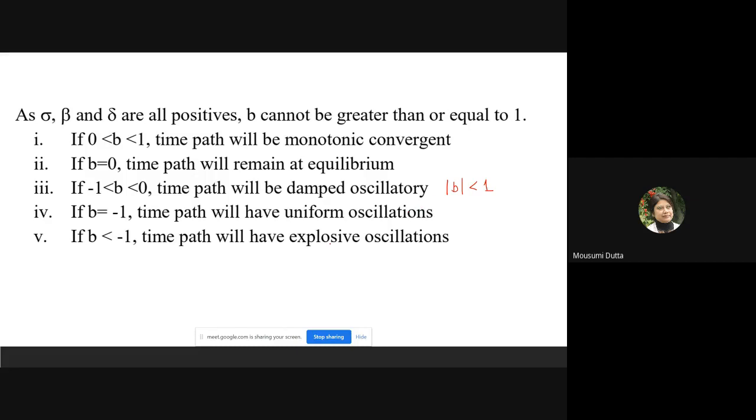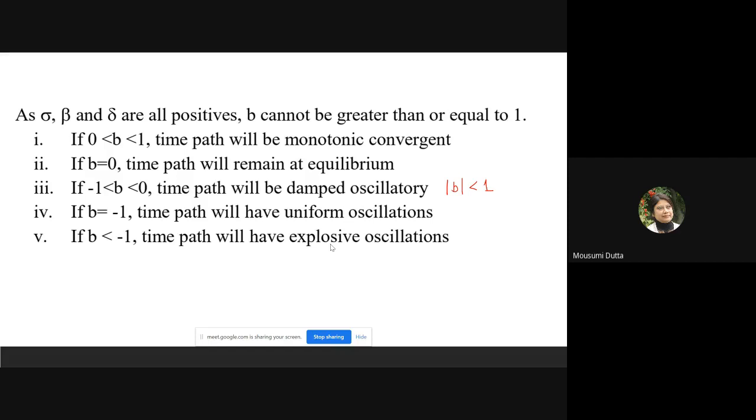Case 4, B is equal to minus 1. As you know, if B is negative, you will get the oscillatory time path.